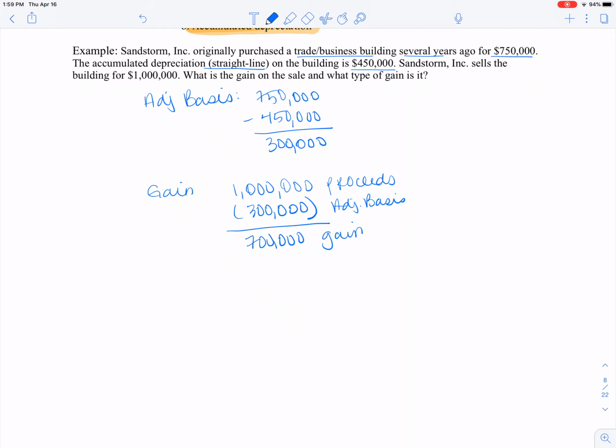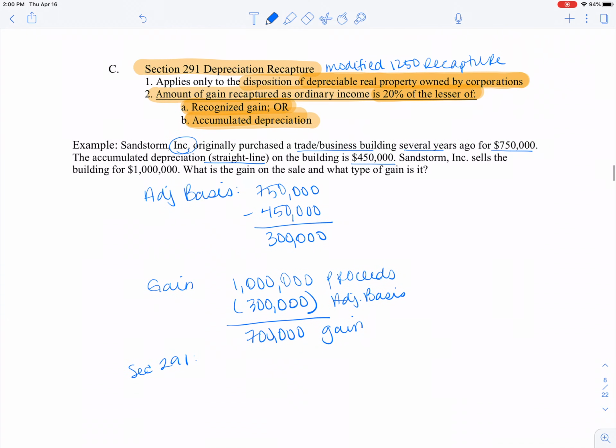I know I'm in 291 because it's depreciable real property. Straight line depreciation was used. It's a corporation. And so I'm looking at Section 291 rules. They say that I take 20% times the lesser of the recognized gain, 700, or accumulated depreciation, 450.